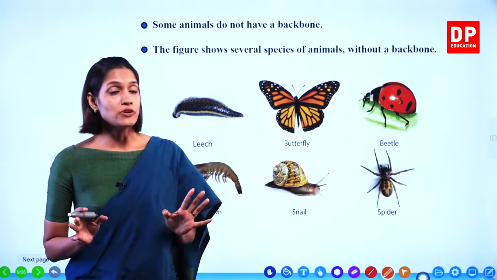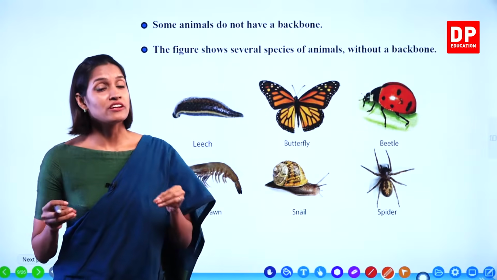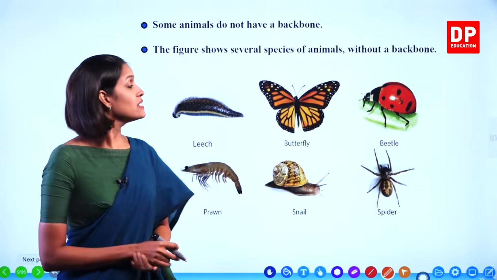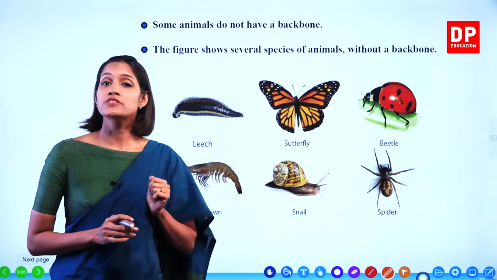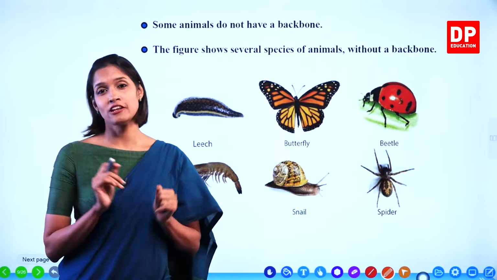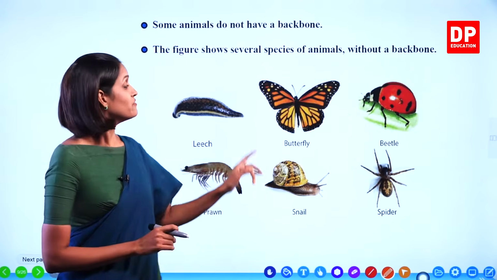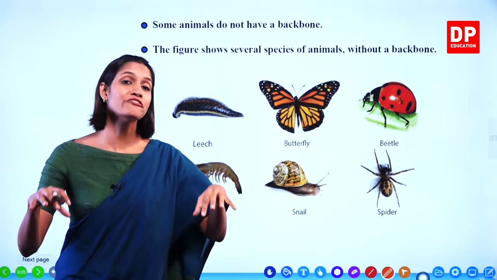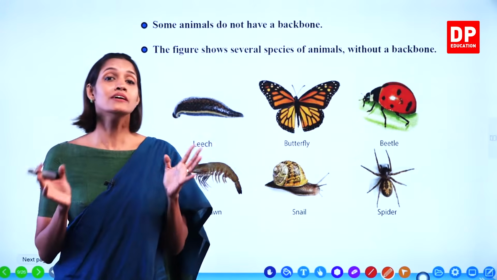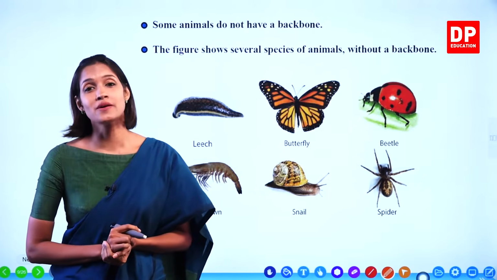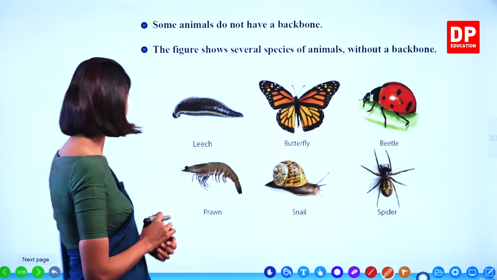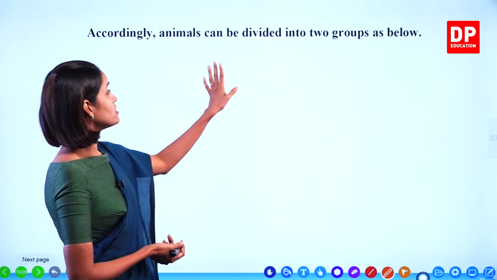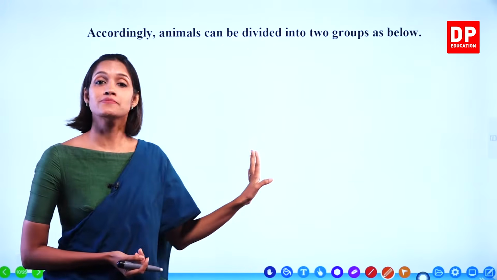So scientists found out, other than using different other methods that we used earlier to categorize animals, using this presence or absence of the backbone is a more scientific method. Therefore, we can group animals under two different groups using the factor, the presence and absence of backbones, right? So accordingly, animals can be divided into two groups as below.